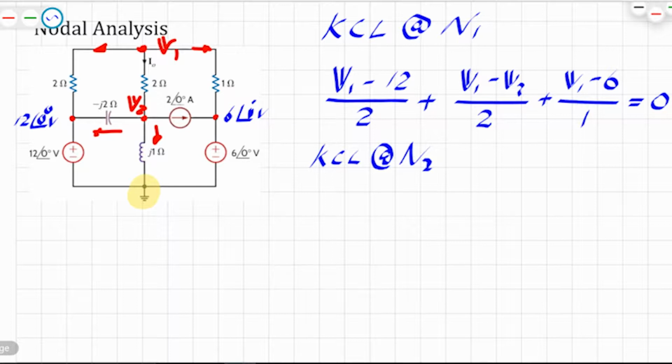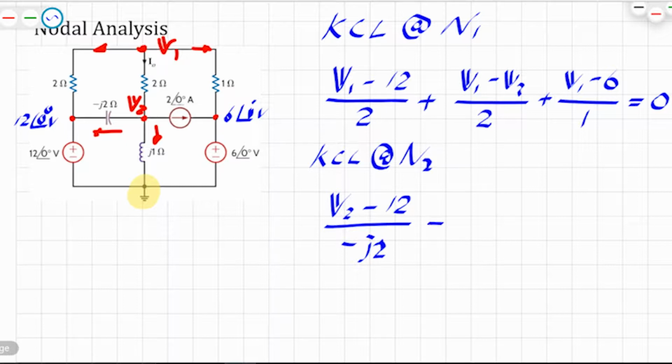The voltage difference across the capacitor is V2 minus 12 divided by negative J2, that's the impedance of the capacitor.